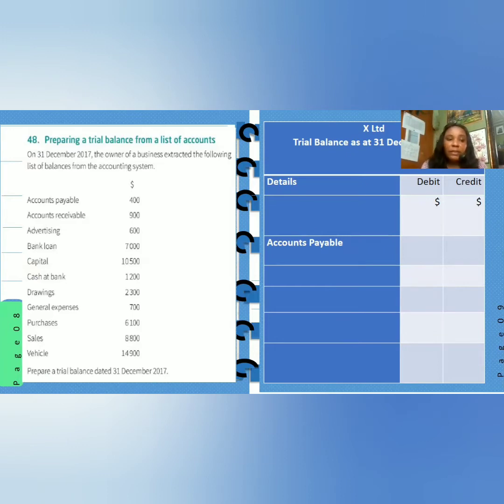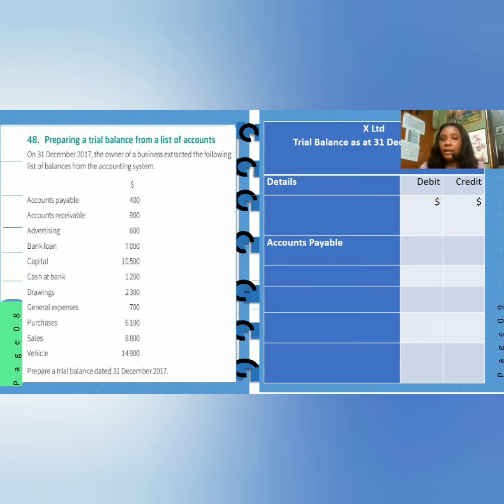Capital, $10,500. Cash at bank, $1,200. Drawings, $2,300. General expenses, $700. Purchases, $6,100. Sales, $8,800. And vehicle, $14,900. Prepare trial balance dated December 31, 2017.